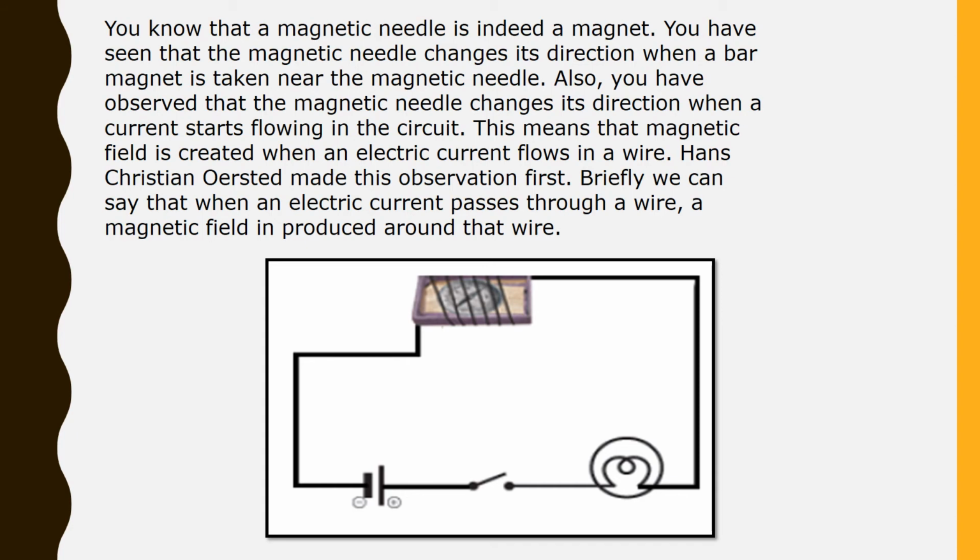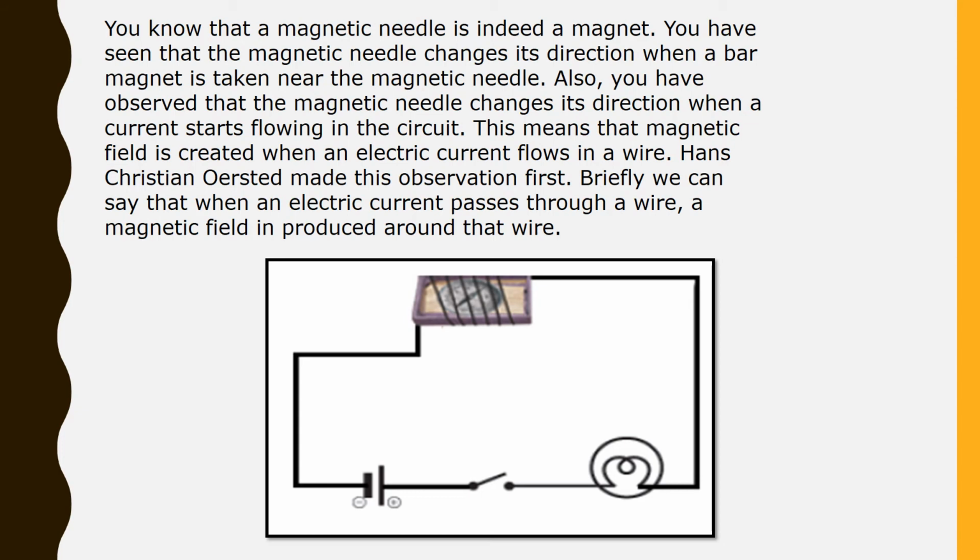You have seen that the magnetic needle changes its direction when a bar magnet is taken near it. Also, you have observed that the magnetic needle changes its direction when a current starts flowing in the circuit. This means that a magnetic field is created when an electric current is flowing in that wire.